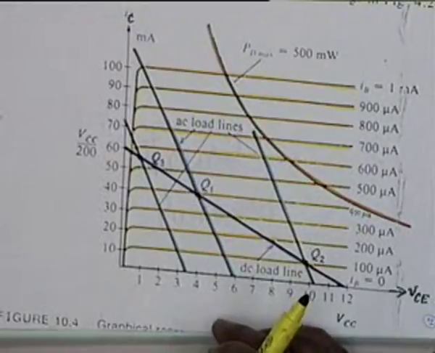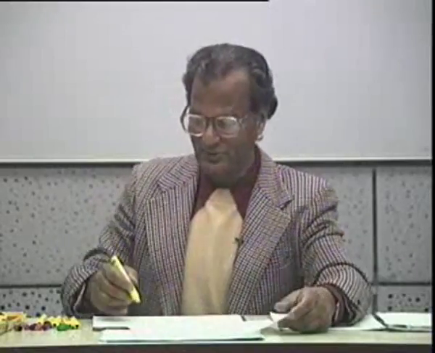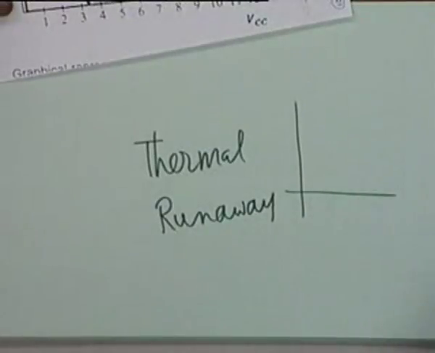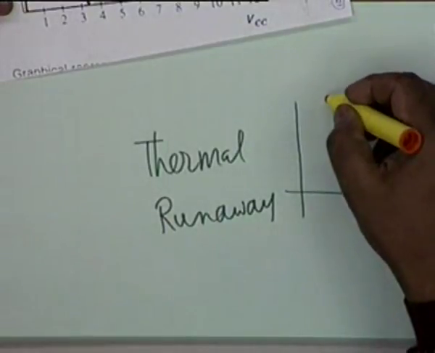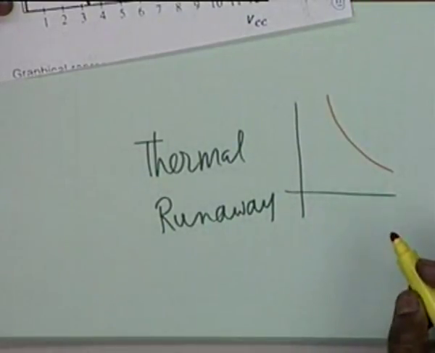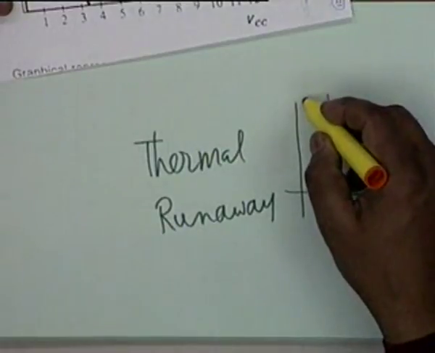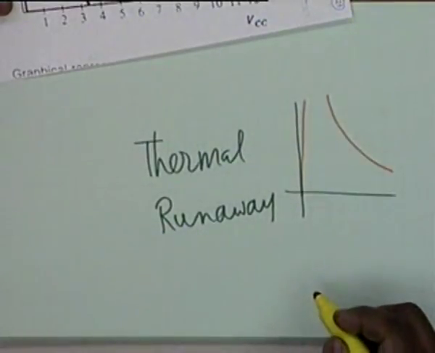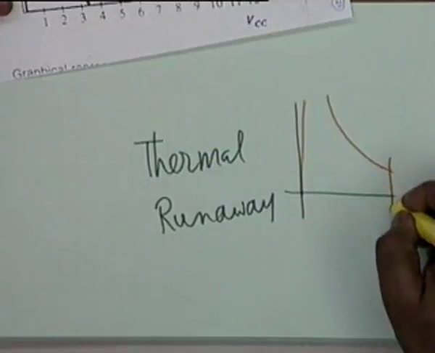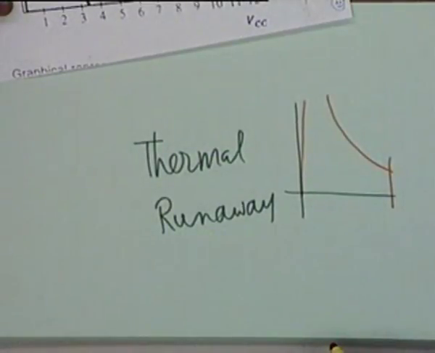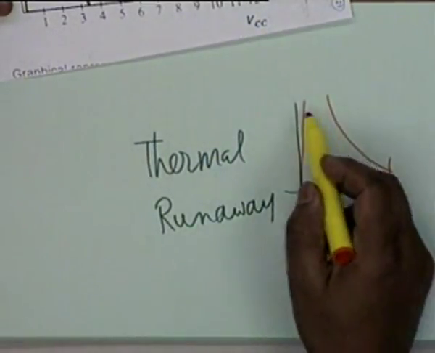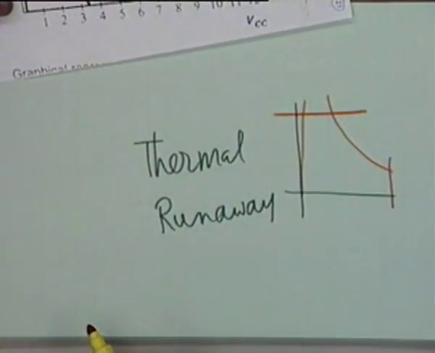So you see, the Q point of a transistor is bounded by several limits. One is PD, then you have the saturation line, you have the vertical line limited by collector breakdown, you have a horizontal line limited by the maximum allowable collector current.